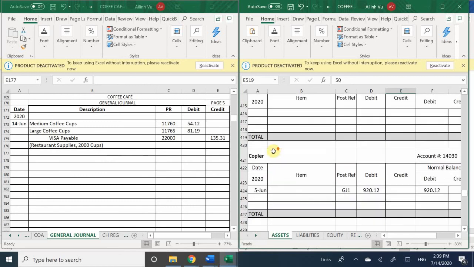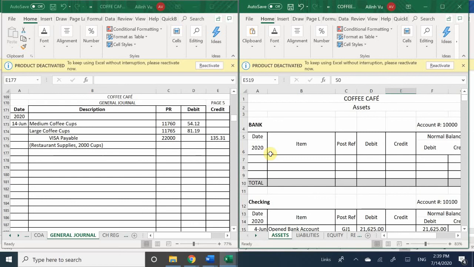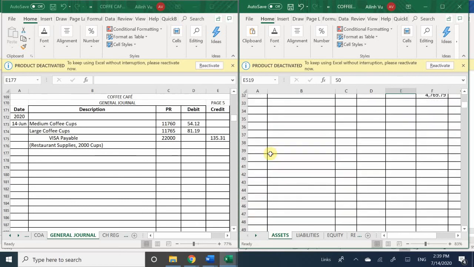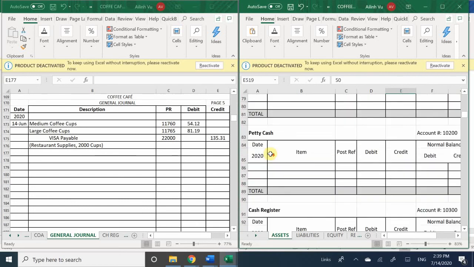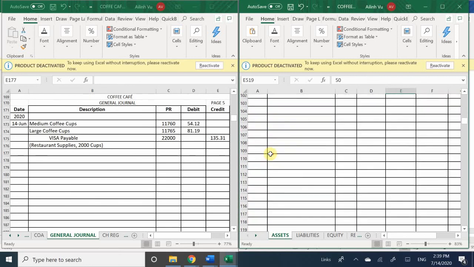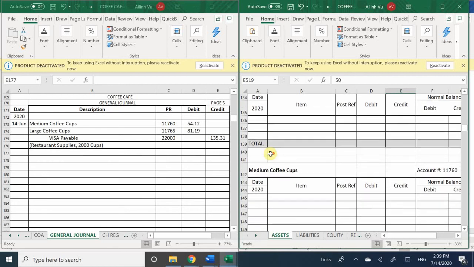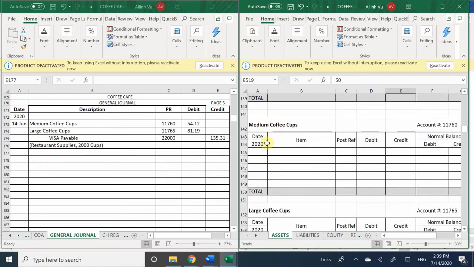For this one, let's see, it should be page 1, 2, 3, 4, 5. It might be on page 6 or 7. Page 5. Okay, so 614. Yes, right at the top. Medium coffee cups. Yes.